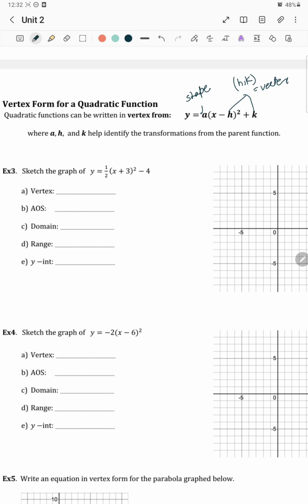So we have y equals 1 by 2 times x plus 3 whole square minus 4. So a is equal to the shape, a equals 1 by 2, and h and k will be equal to 3 and 4.